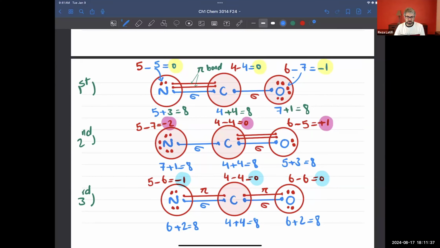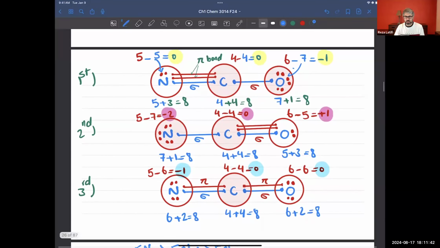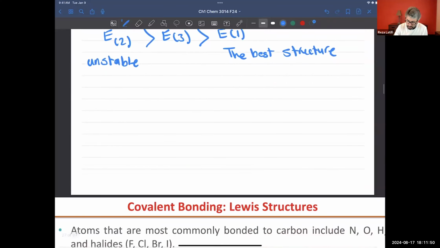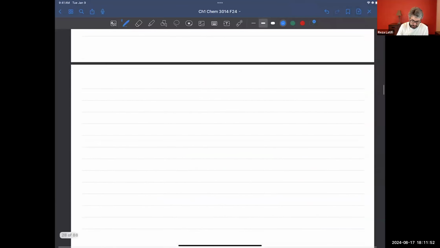I got 3 structures, and the difference between them technically is the position of the double or triple bond. Let's start with this. We have nitrogen attached to carbon, carbon attached to oxygen.